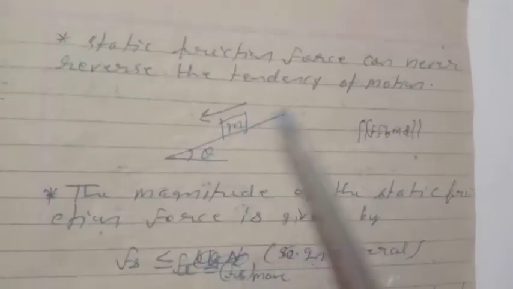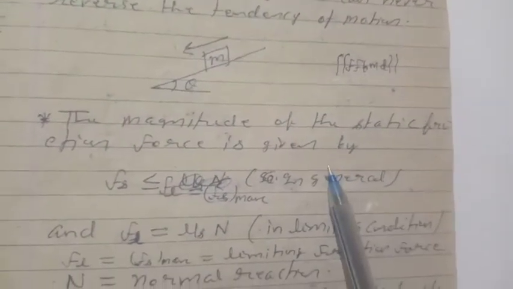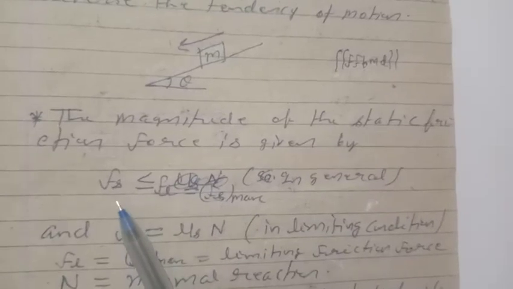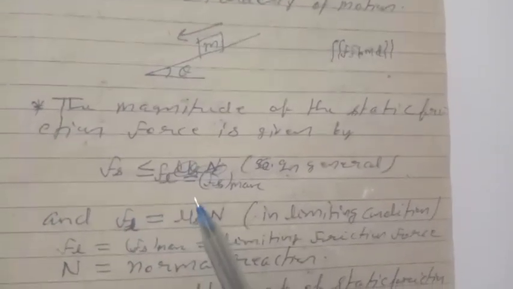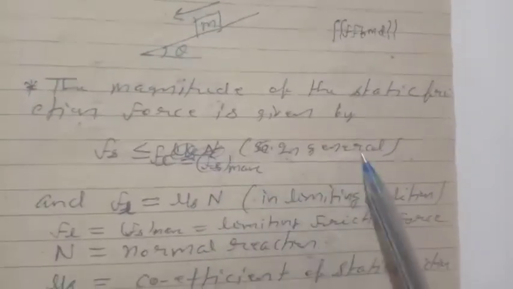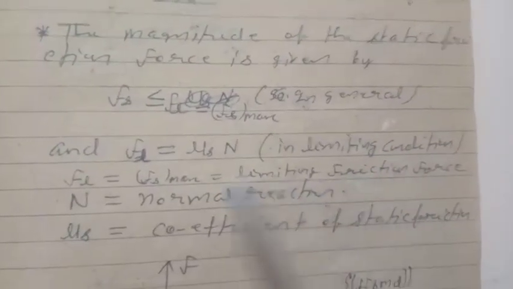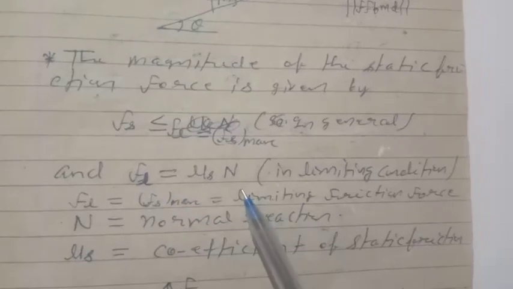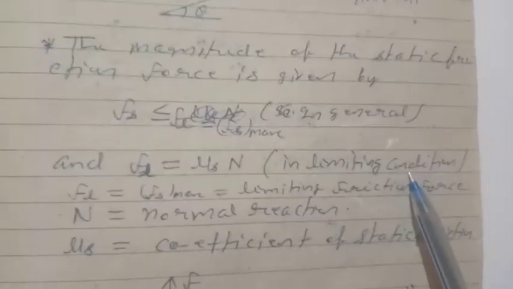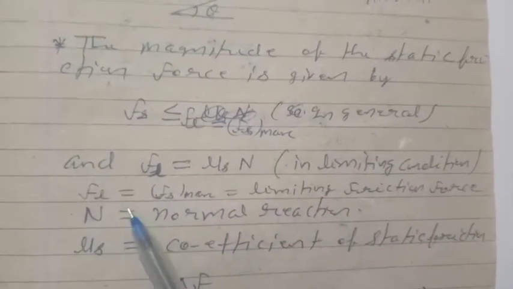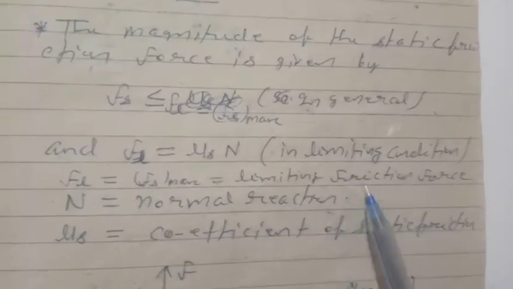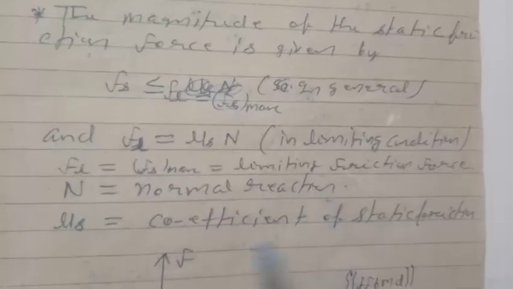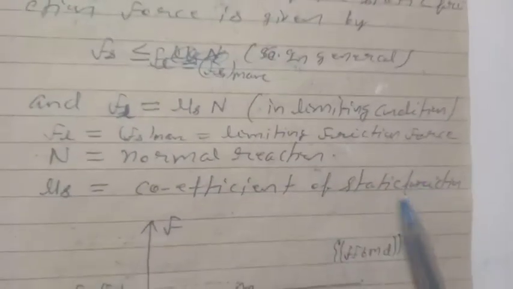And this cannot reverse. The magnitude of the static friction force is given by Fs less than or equal to the limiting friction, or Fs maximum in general, and Fl equals mu s times N in the limiting condition. So Fl is the limiting friction, the maximum friction force, N is the normal reaction, and mu is the coefficient of static friction.